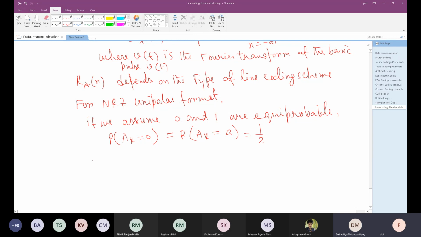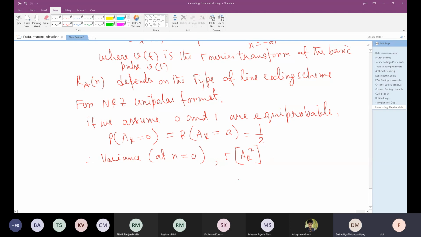So the variance, which gives rise to the diffuse spectrum, for n equal to 0 is expectation of AK square, or in case of complex it would be AK conjugate.